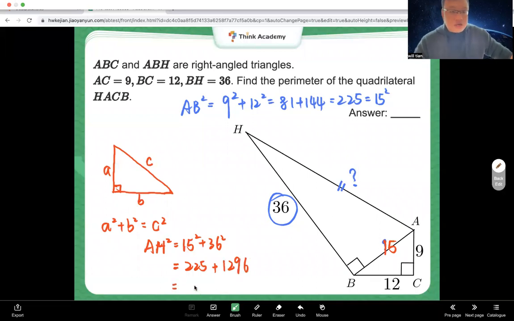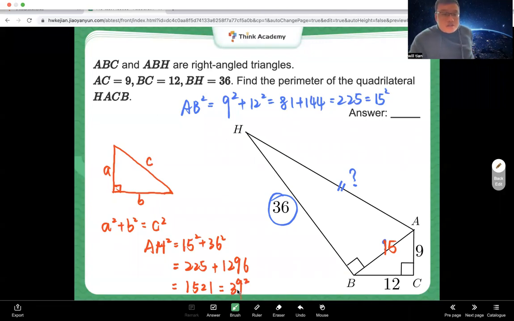So that equals what? It equals 1,521, which is 39 squared. So we know that the length is 39. It's 39 squared, right? Yep.